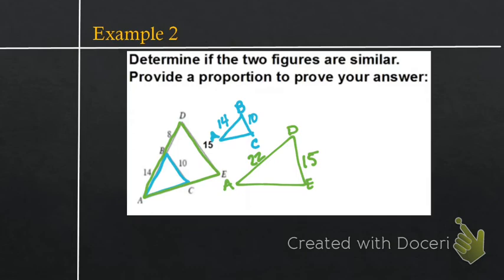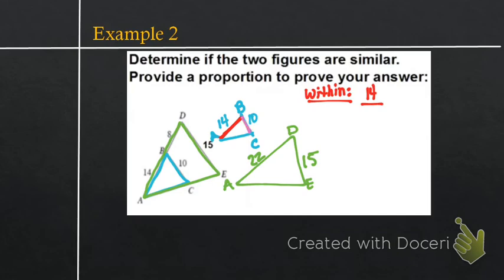All right, so here, same thing as what we did before. I am going to do the within ratio this time. That way you see an example of both. Within is from the same shape. So AB, I have 14.